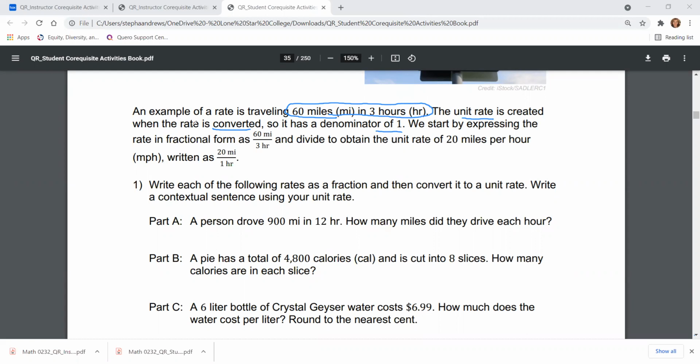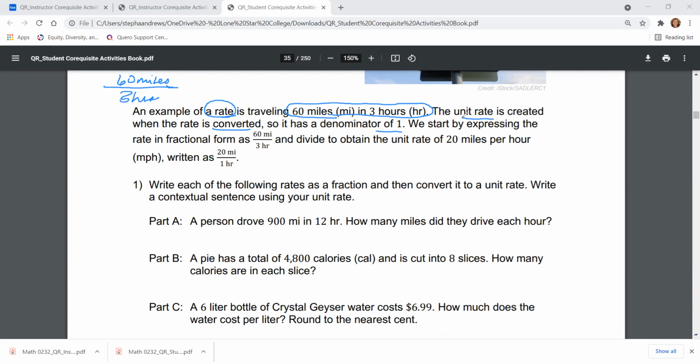Try to help clear up any weird stuff, make your brain behave. In other words, I'm going to jot down 60 miles and make sure I know what I'm talking about, and write it all out per 3 hours. And so I've now written it as a rate, 60 miles per 3 hours.